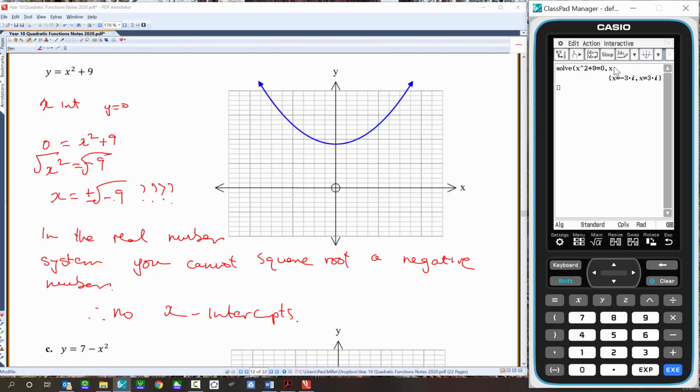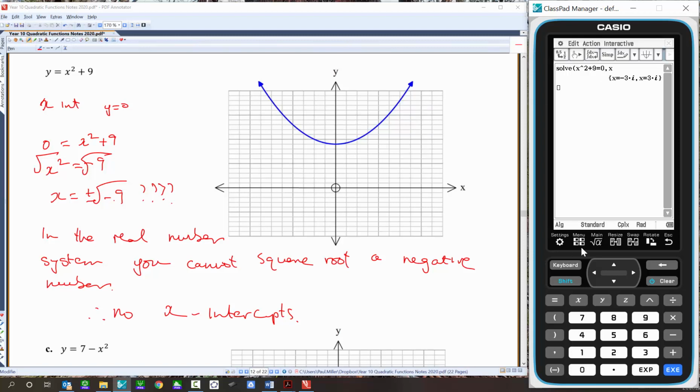So we don't pursue this in year 10 this year, but in year 11 there's a subject called specialist maths. And what they do is they envisage a situation where you could square root a negative number. The answer they give is to invent a new system called the imaginary number system or the complex number system to further engage in the problem.